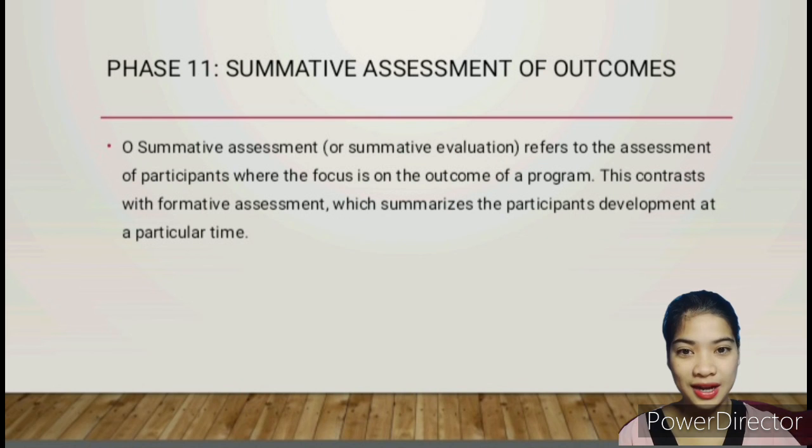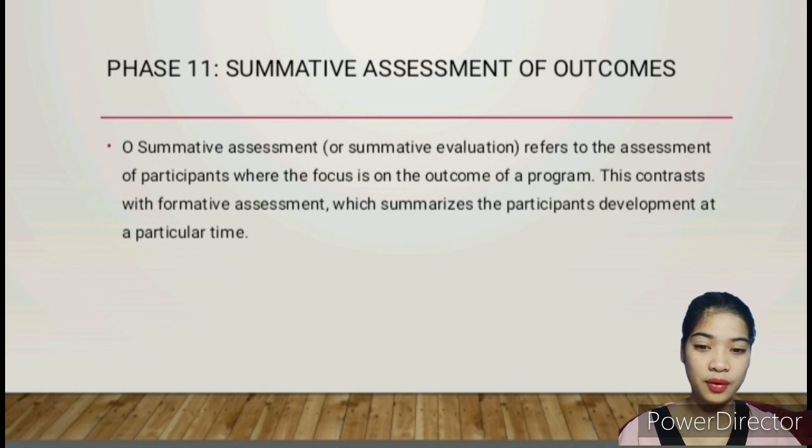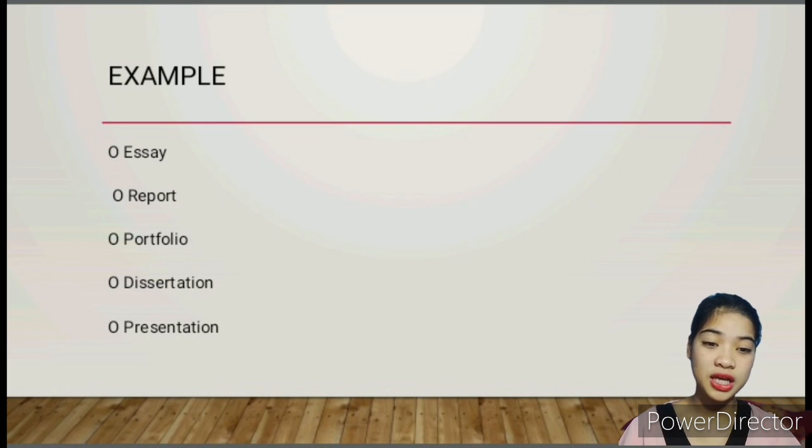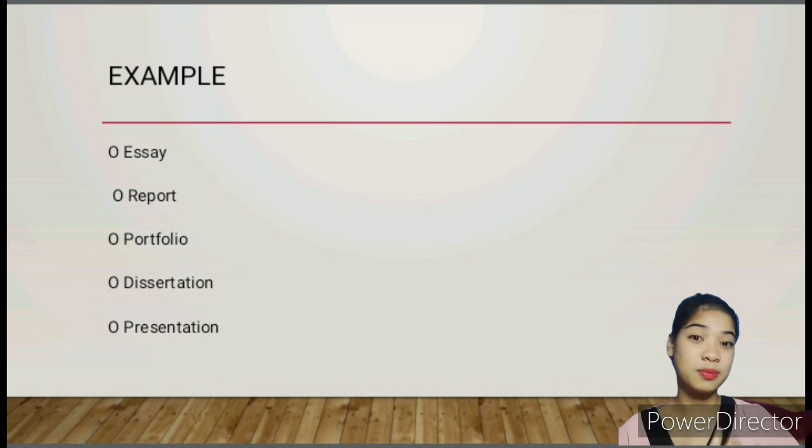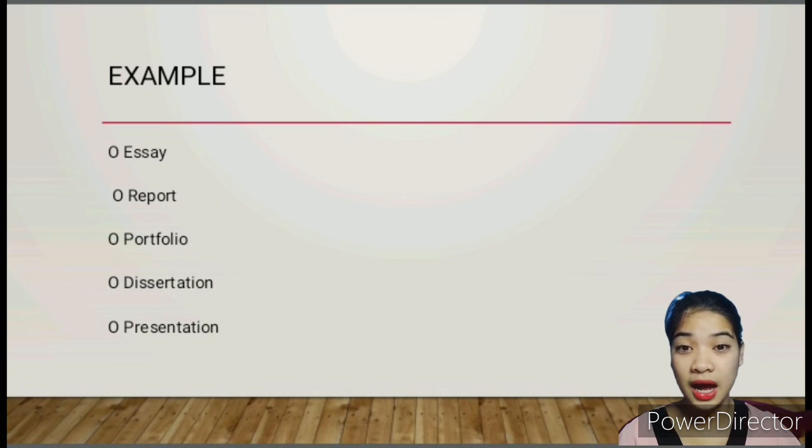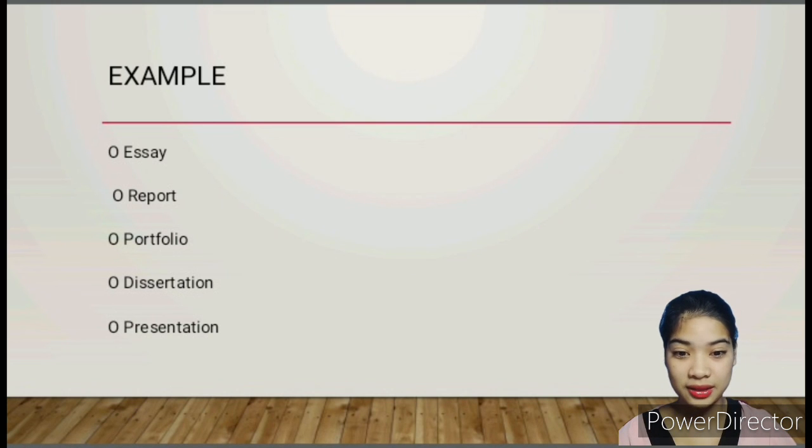Evaluation, assessing, for example, an essay, report, portfolio, dissertation, or presentation. At the end of our unit, there is a final activity, then an assessment, and students make portfolios to assess whether they have really understood or not.